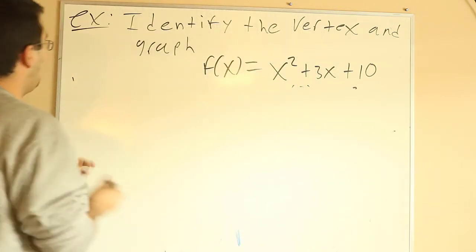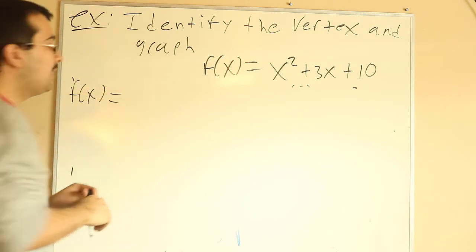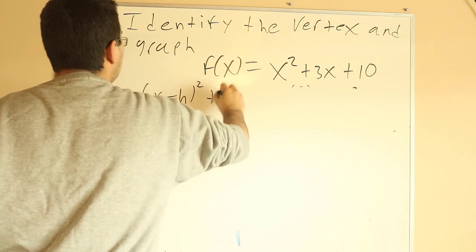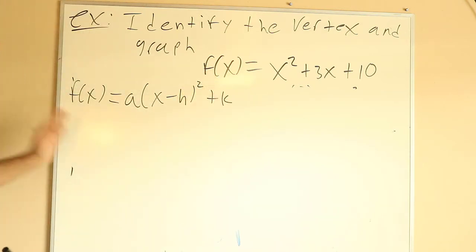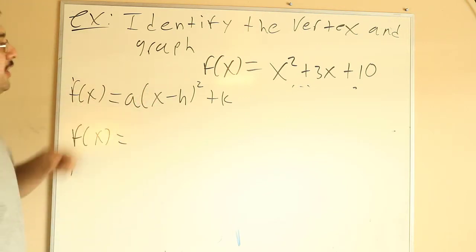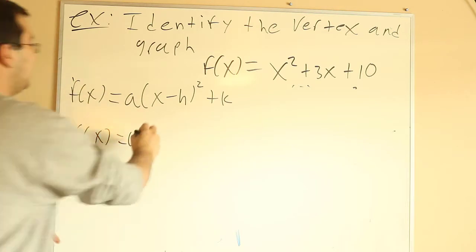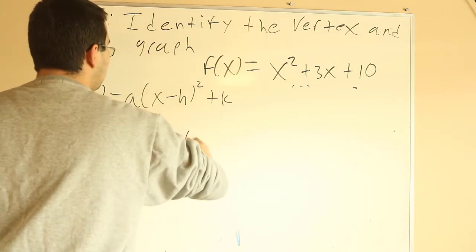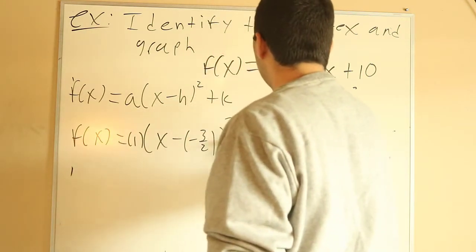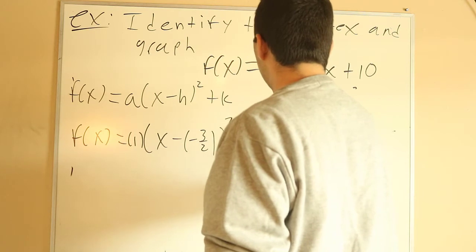So we now understand that when written in vertex form, which let's just copy down one more time, our function will look like this. We need to plug in the value of a, which for us is 1. We need to plug in the value of h, which we found to be minus 3 over 2. And then plug in the value of k, which we got to be 31 over 4.